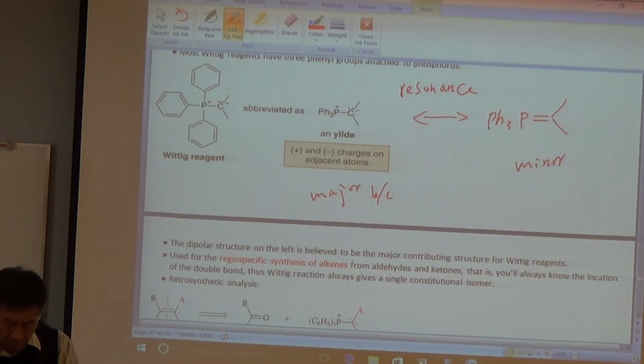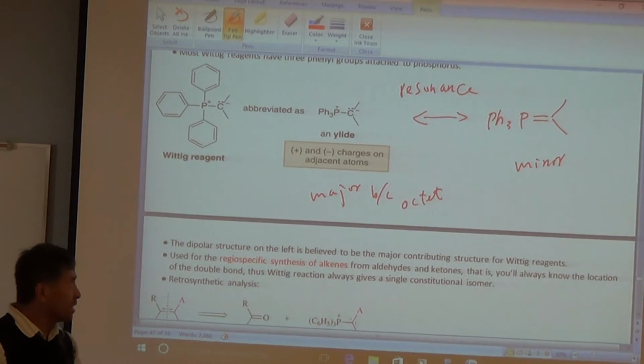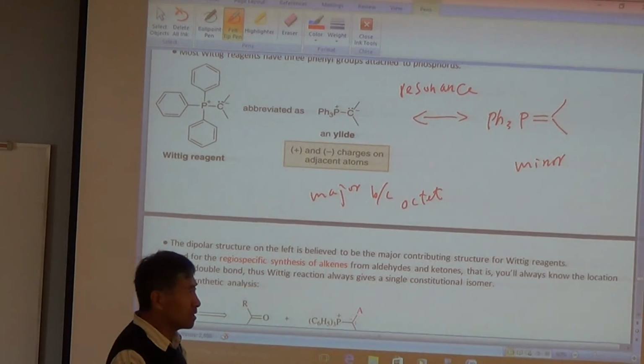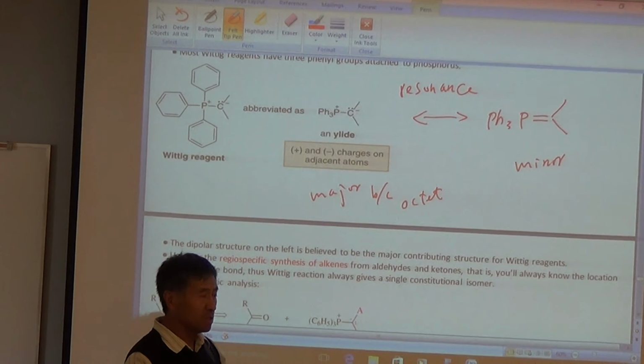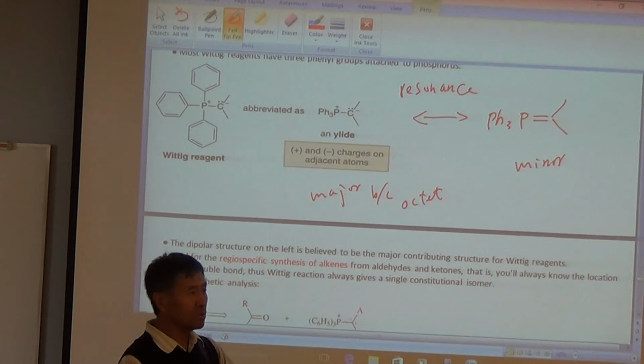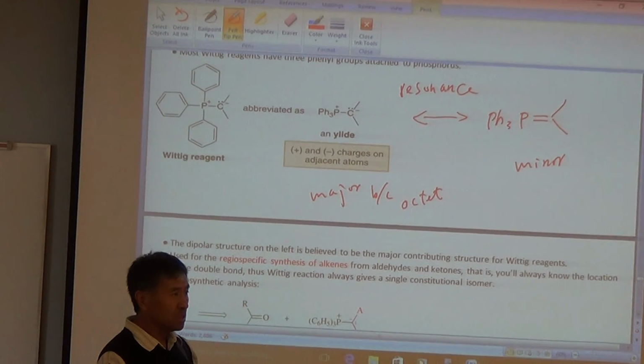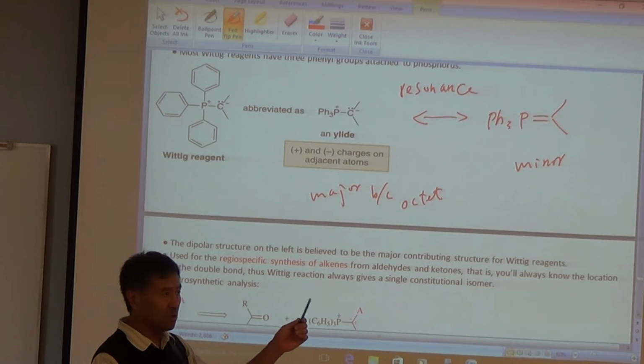because of the octet. So even though you have a negative charge on carbon, and a positive charge on phosphorus, all the atoms there have an octet. Phosphorus is in period 3, and you know that from period 3 and below, you can use the d orbitals, so therefore you can have more than an octet.